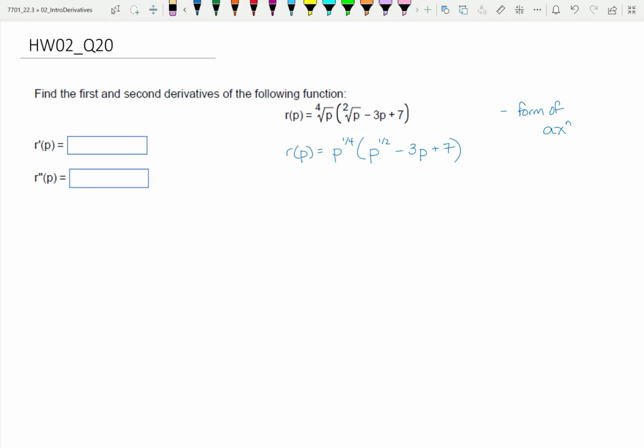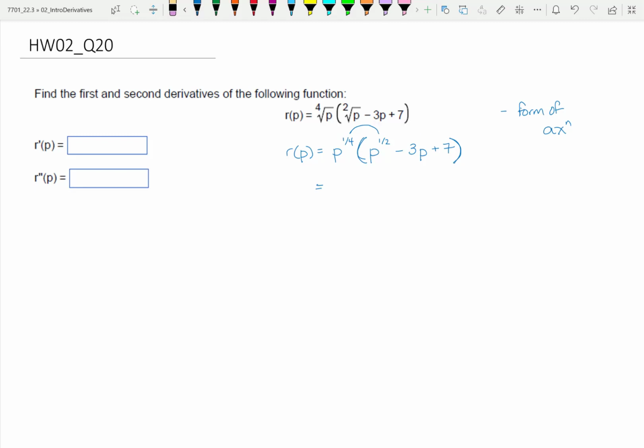Okay, I still don't have this entirely in the form of ax to the power of n because I've got this bracketed expression. We will learn the rule of how to do the derivative of two products next week, but there is an easier way through simplification. And that ties into our rules that we have this week. So now I'm going to multiply p to the power of 1/4 into the brackets so that we can FOIL this out.